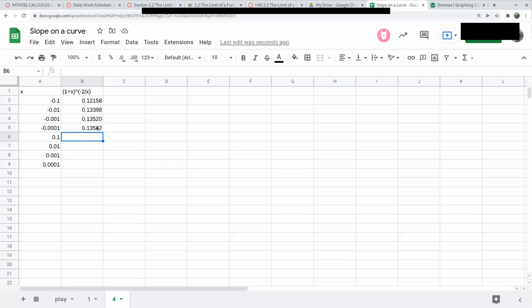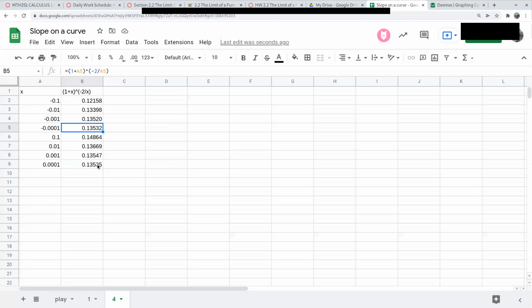And I can just fill this formula down. 0.13535, so the last one here and the last one there match to 4 decimal places. So I'm thinking the actual answer must be somewhere in between.